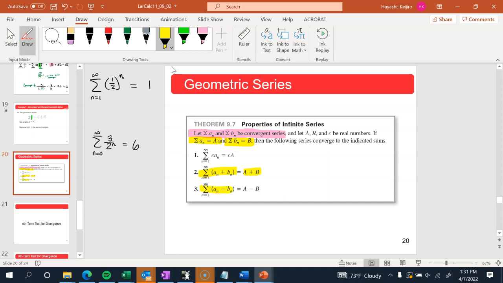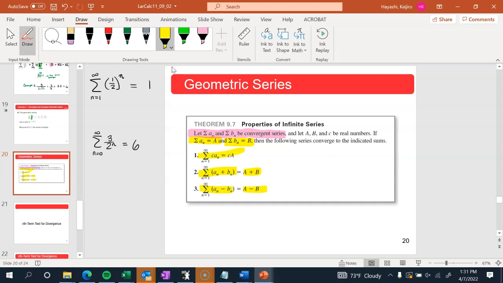If you make up a new series from the two series being subtracted, the sum of that will be the two previous sums subtracted in the same way. Basically, since these series are equal to numbers, they just work the same way as numbers.